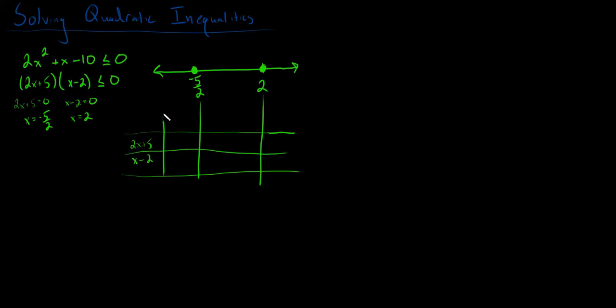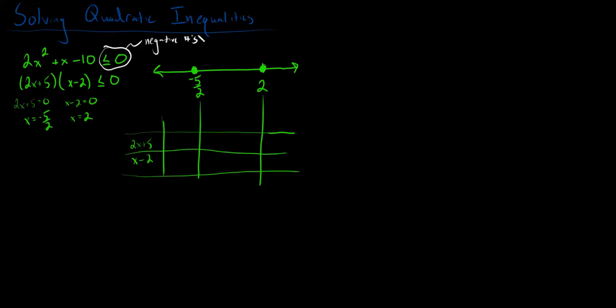Now, from here we have to talk about something. The reason we want everything on one side of the inequality and 0 on the other side is because now we can look at what this inequality is, and it tells us what we want our numbers to be. If we want to be less than or equal to 0, that means we want our answers to be negative numbers.